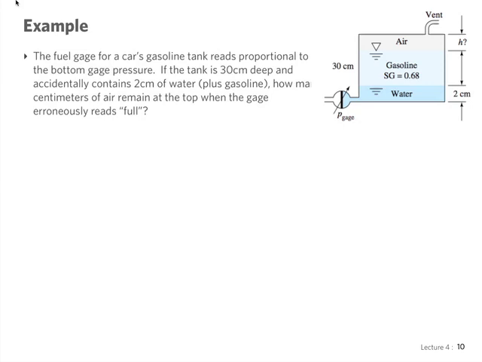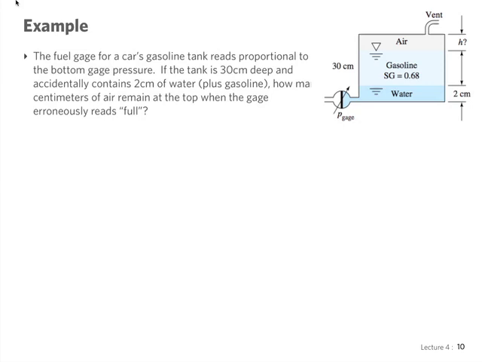This is a fuel tank for a car, and the fuel gauge actually reads a pressure and indicates on your car instruments the level of fuel according to the pressure. It's sort of calibrated to convert that pressure to a reading there in your needle that says full, empty, 1/4, etc.